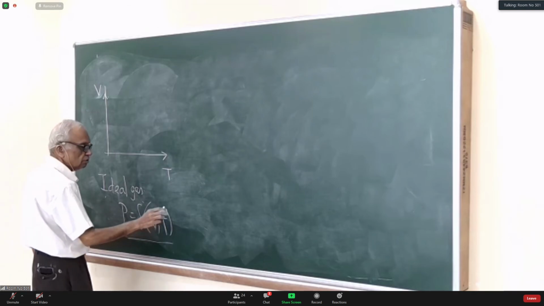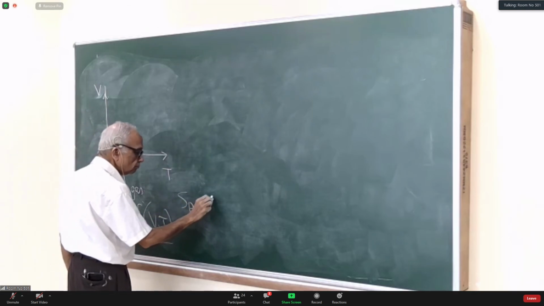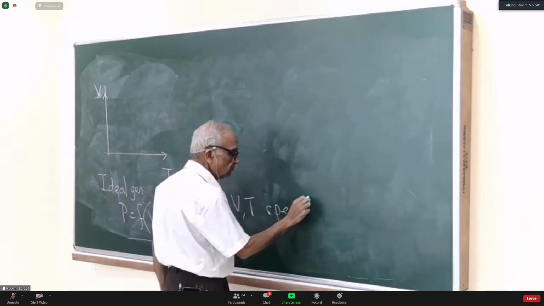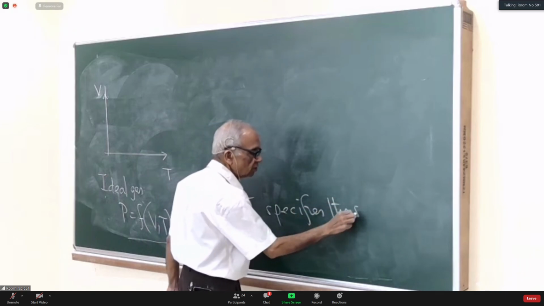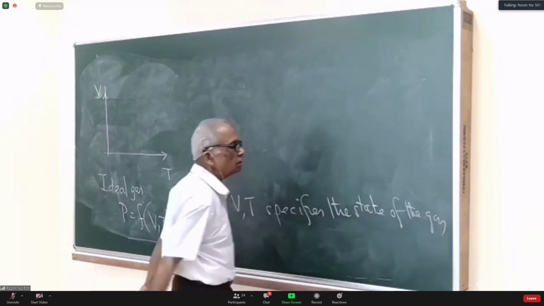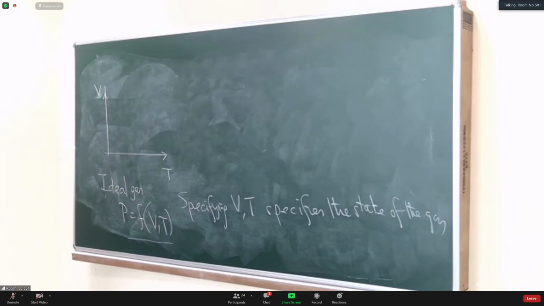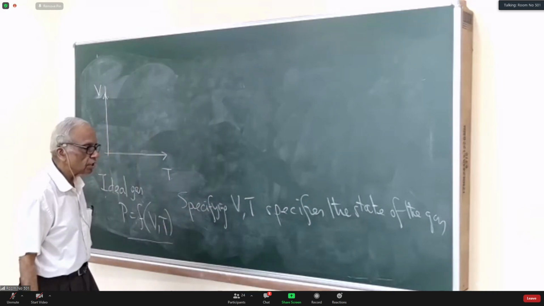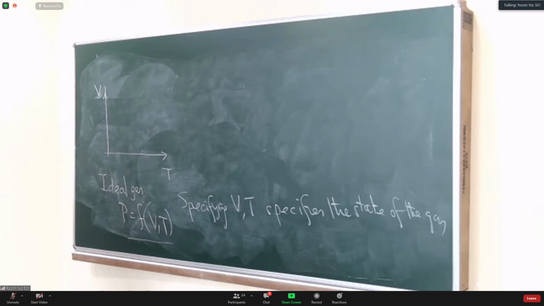Because of this relation over here, specifying V and T specifies the state of the gas. That is why a function of two variables will be doing so well for us. There are only two independent variables that you can independently tweak.